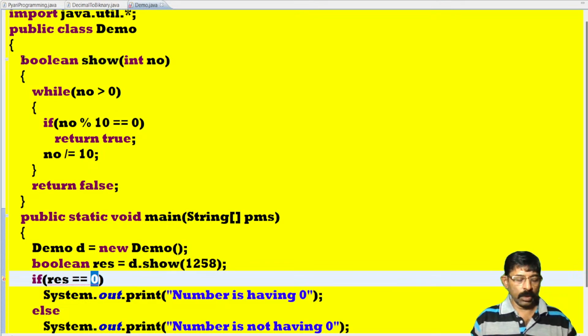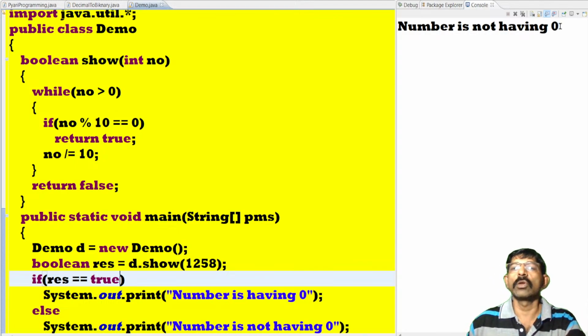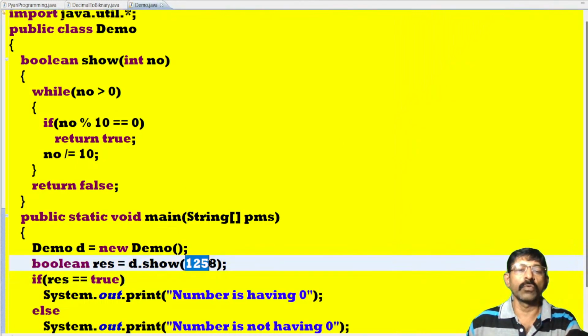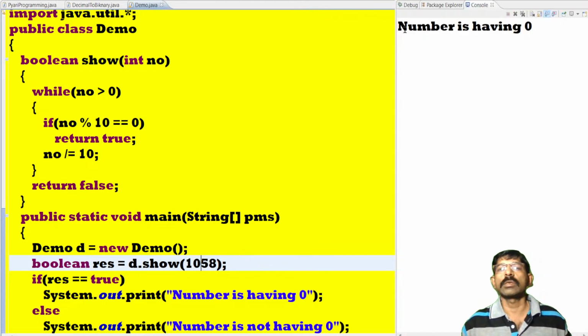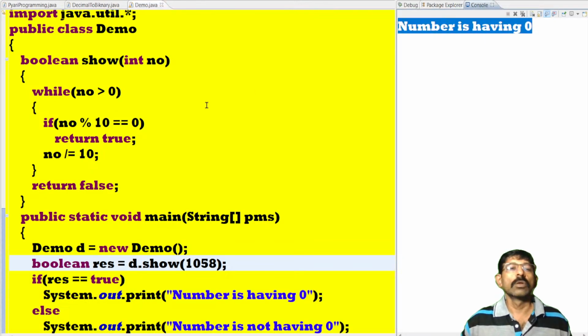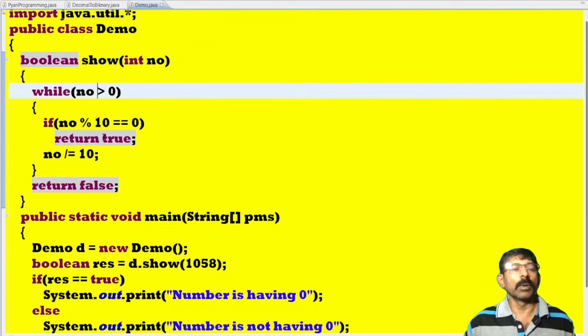If this is Boolean, I will say is equal to true. This number is not having 0 because the number is 1258. I'm applying 0 over here. Let's run this. Number is having 0. So here I'm returning a constant. I want to return a variable.